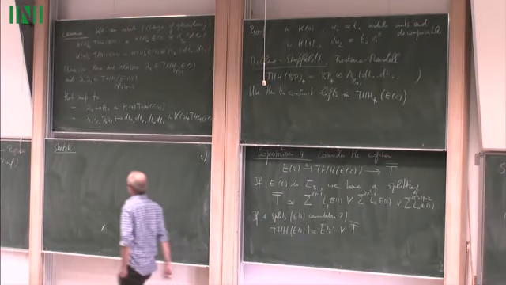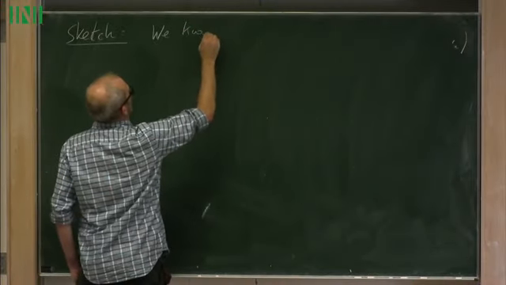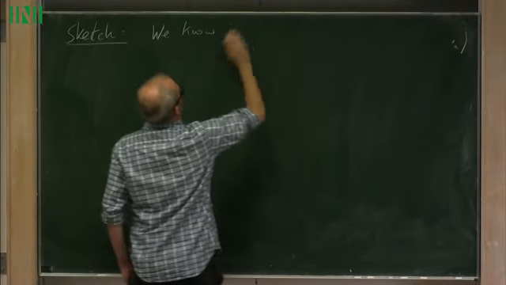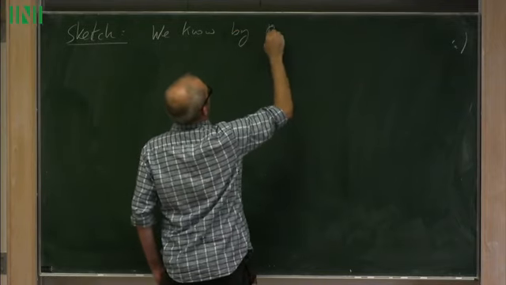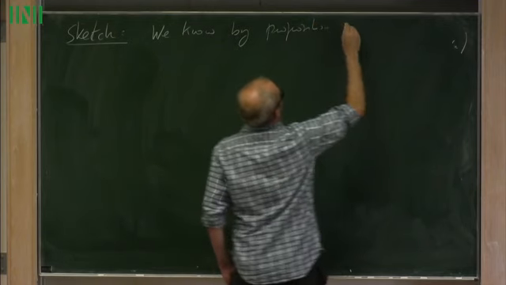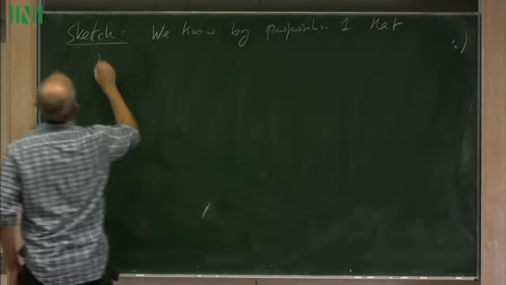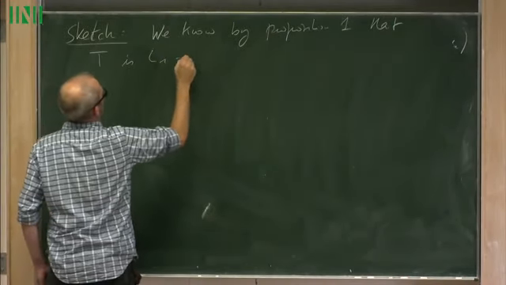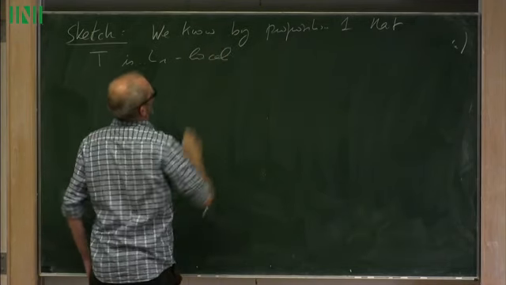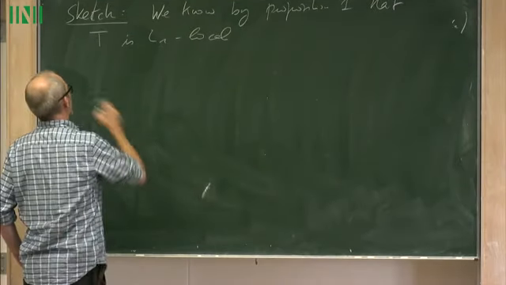So here we know by proposition 1 that this cofiber is L1 local. So we have maps.